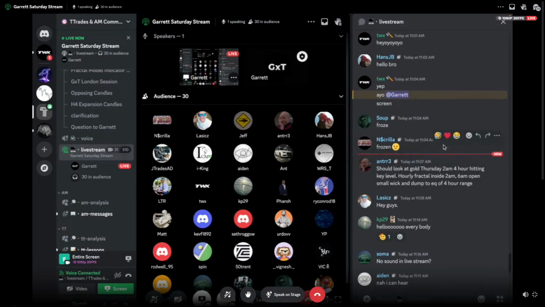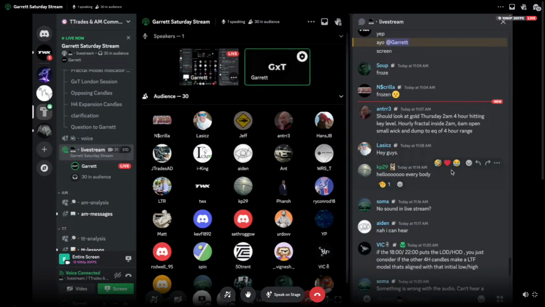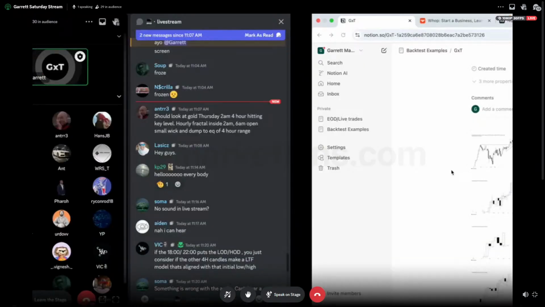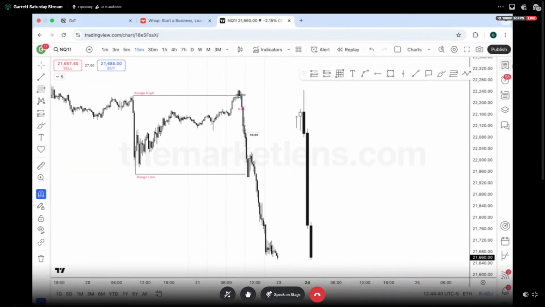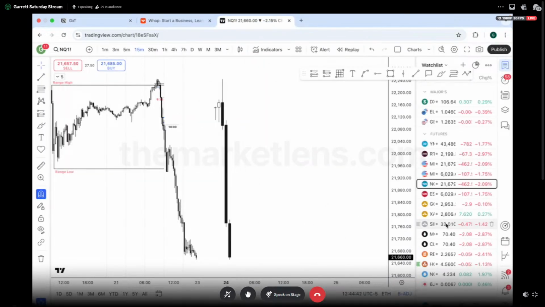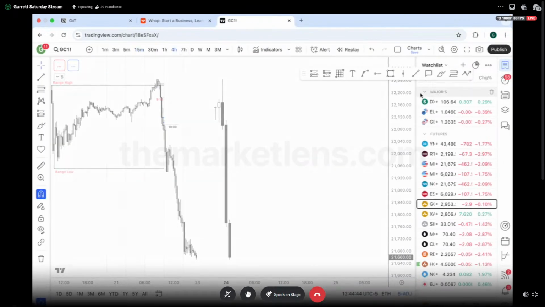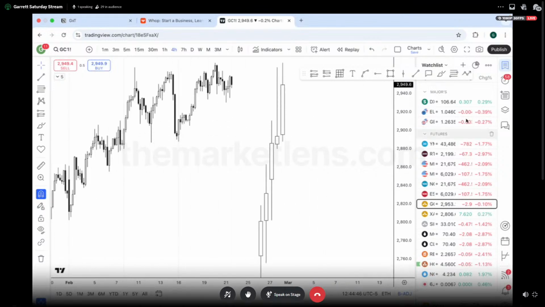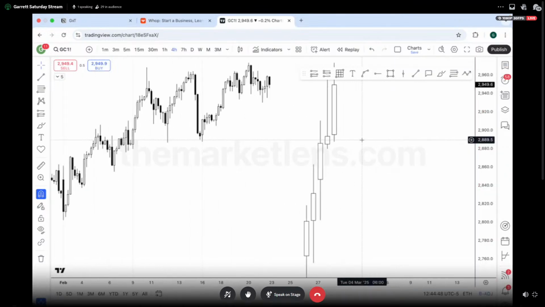So, should look at gold Thursday 2 a.m. 4-hour hitting key level. Fractal one inside. On a wick. Okay, Thursday. I think I remember this actually, or like some fractal model overnight or something.